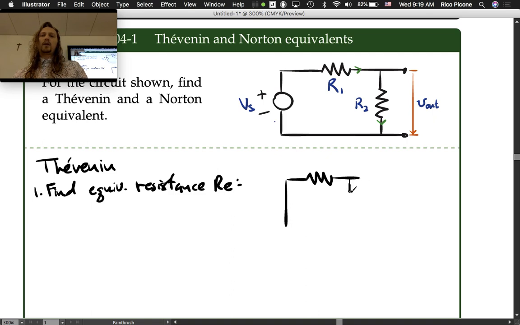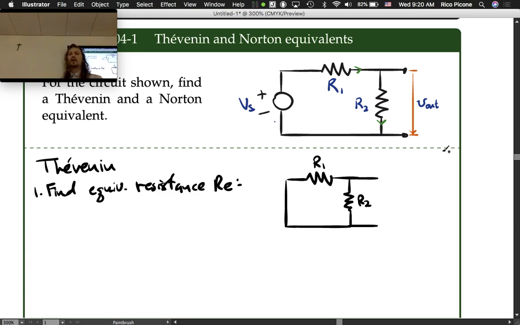and our R2, and so R1, R2, and here are the output terminals, right? The out, I said there. So I want to know the resistance between these two terminals. How do I do that? I want to combine it down into one equivalent resistance. I don't want to have this parallel thing. I want one equivalent resistor there.